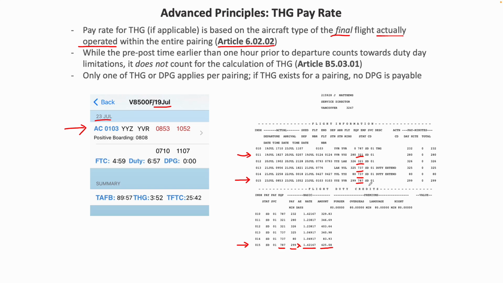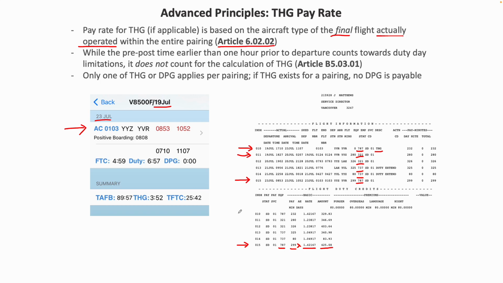And because it was the last leg, you will notice that for the line that's payable for THG, that's index item 10, that 787 is used, even though almost all the pairing was done on different narrow-body aircraft. The THG has to be paid out at 787 because of the fact that the last leg was operated on the 787.